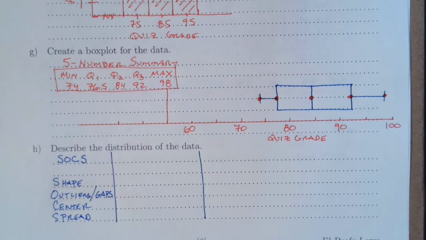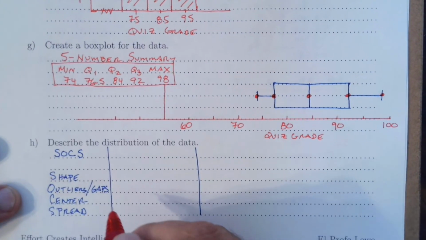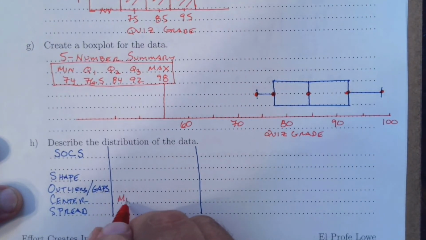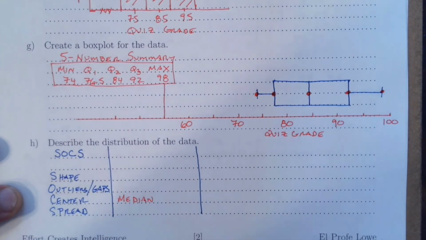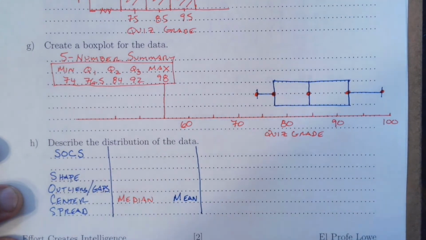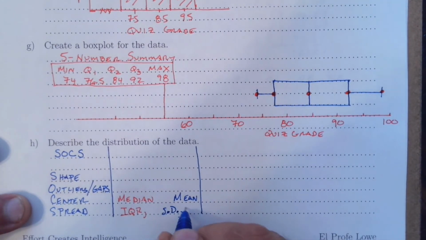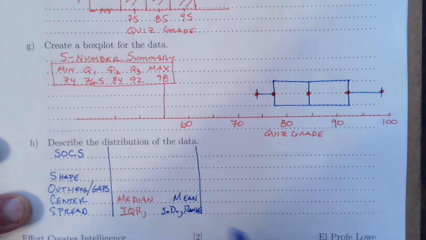The options that I'll have for some of these are, if I have the center, I could speak to the median, or I could speak to the mean. If I'm talking about the spread, I could speak to the interquartile range, the standard deviation, or the range.